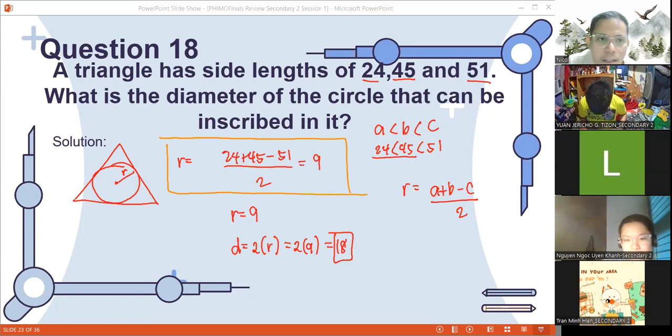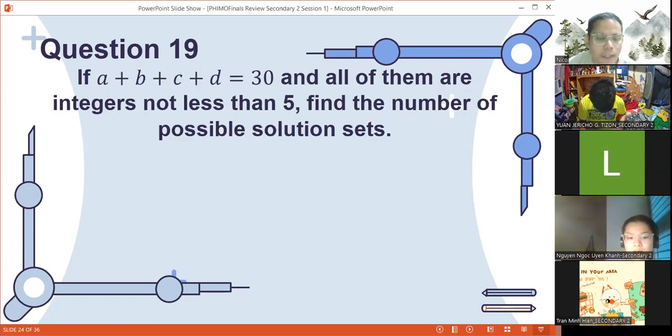So for number 19, A plus B plus C plus D is equal to 30, and all of them are integers not less than 5. Find the value of the possible solution sets. So it is stars and bars, right? But we need to comply with the condition that it is not less than 5.